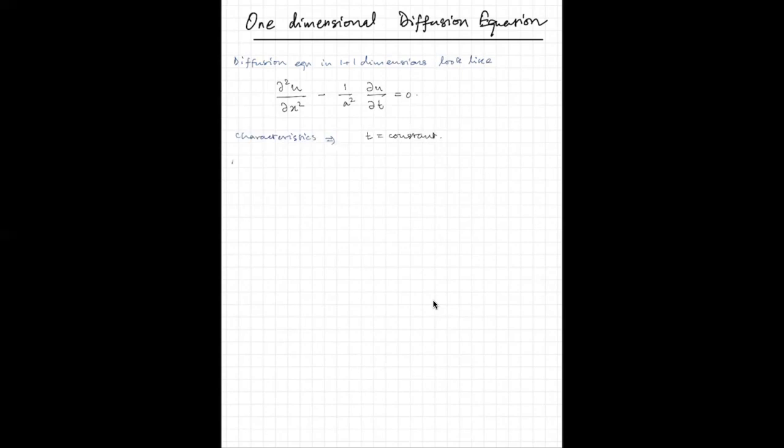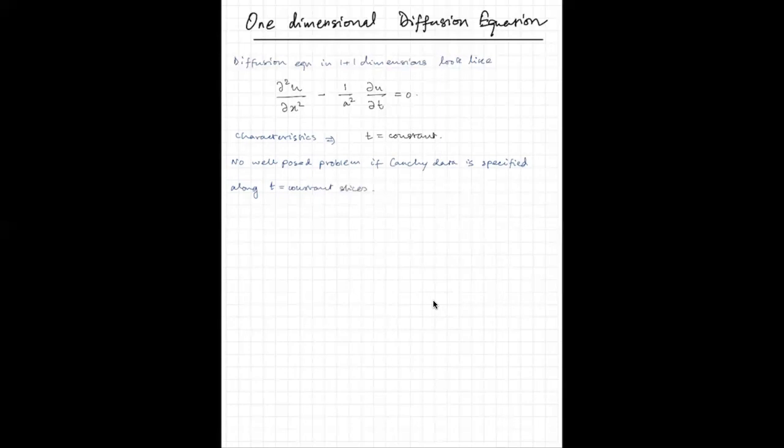So no well posed problem if Cauchy data is specified along t equal to constant slices.